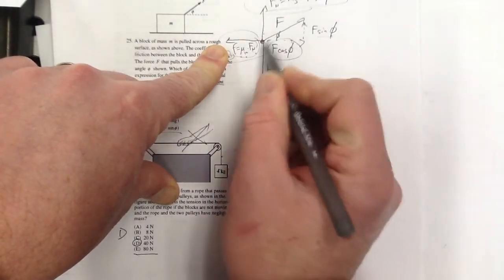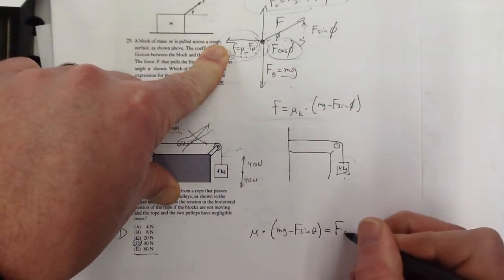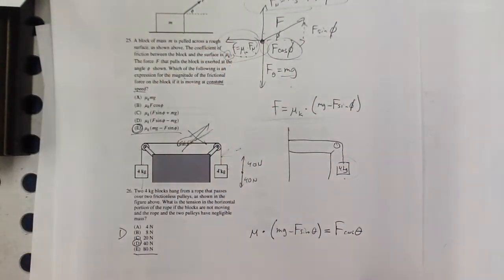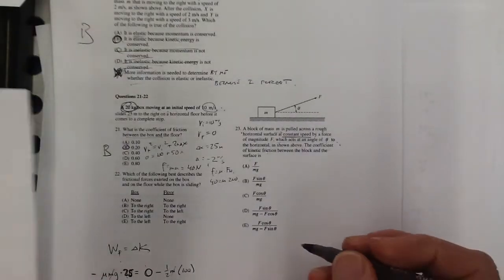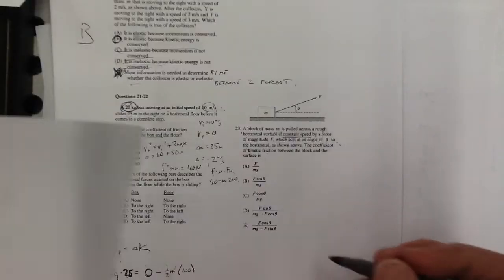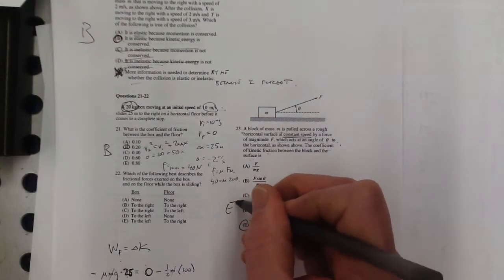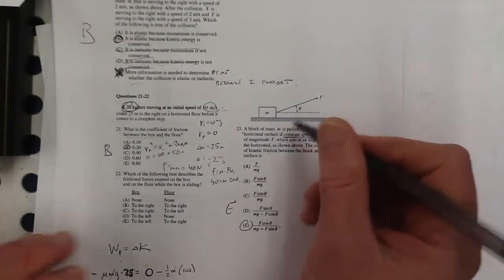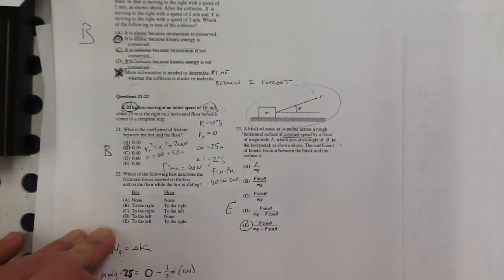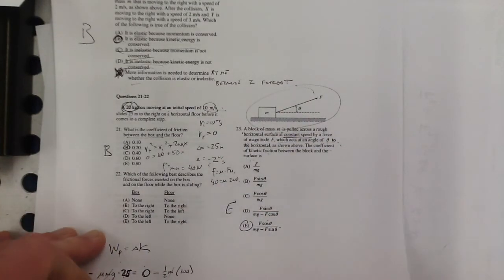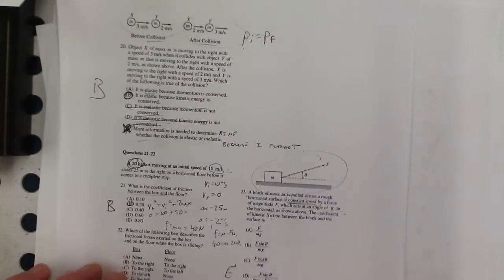Mu times normal force is equal to F cosine theta. So mu is equal to F cosine theta over this. Yeah. This is just like a situation you want to be familiar with, right? It comes up at an angle theta. All right.